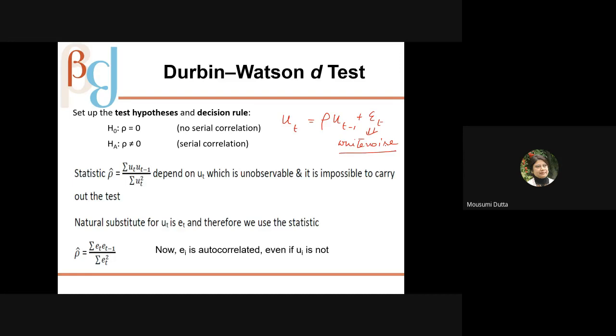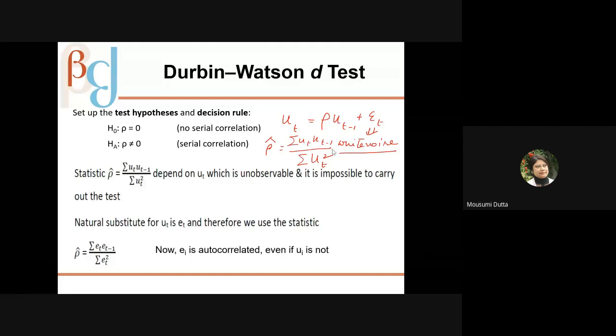So it is as if a regression equation. And if epsilon t is a classical error, why not then the estimated value is summation xi yi, that means ut minus 1, divided by summation ut square.